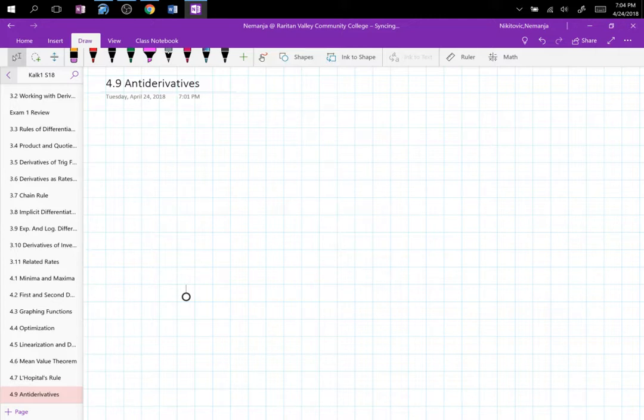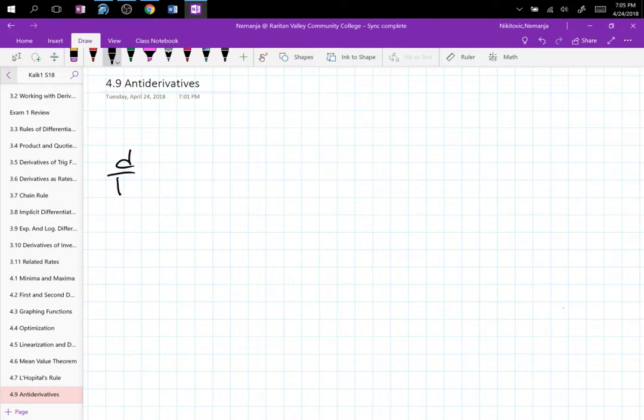I will not be teaching much new stuff here, other than notation and some aspects of that. I will be mainly focusing on reading the derivative charts backwards, because that's what this stuff is. Let me show some examples.